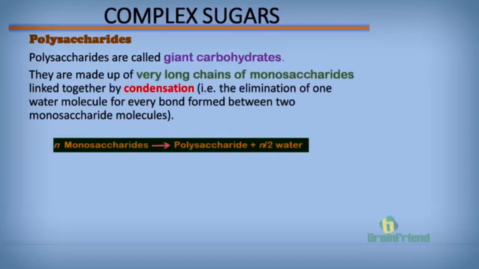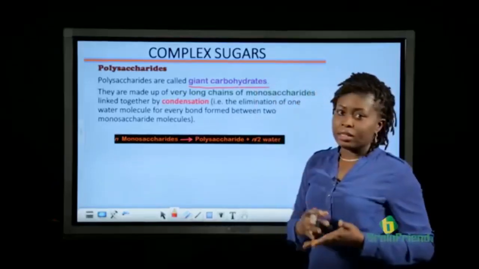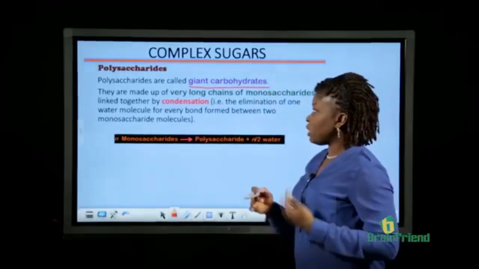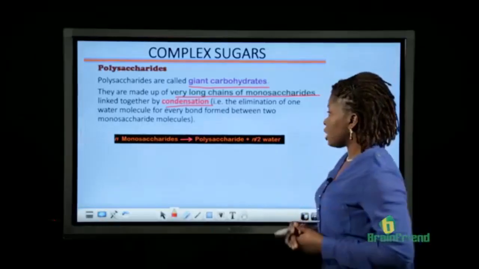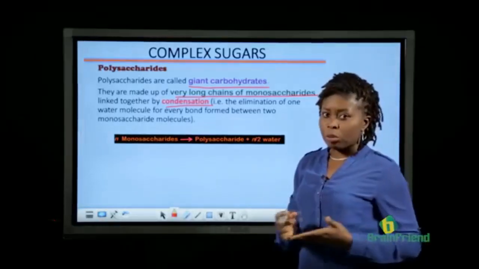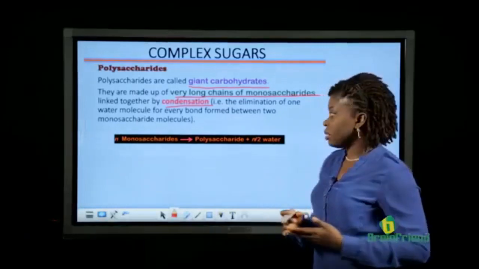Now, we'll be talking about complex sugars. Complex sugars are usually polysaccharides. They are the ones that are really the giant carbohydrates because of their makeup. They are made up of very long chains of monosaccharides linked together by this same process of condensation, which is the elimination of a molecule of water for every bond formed between 2 monosaccharides.